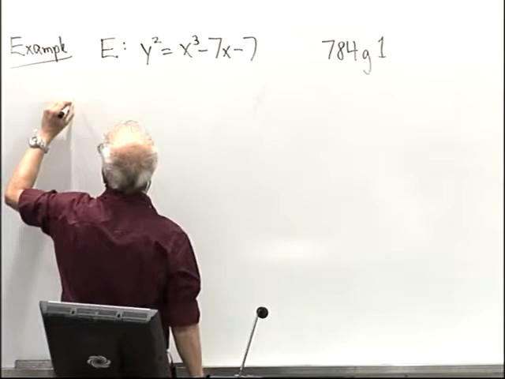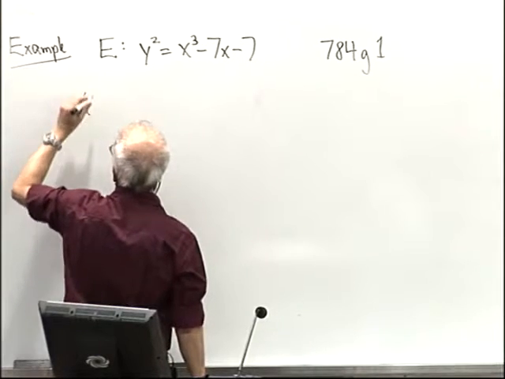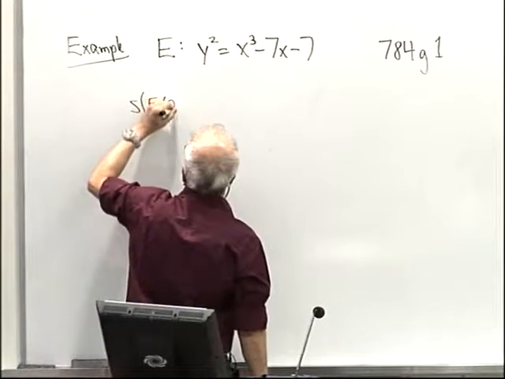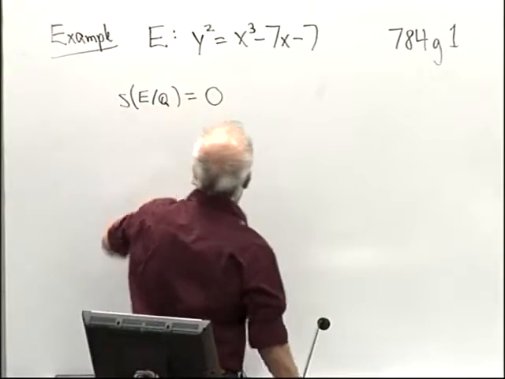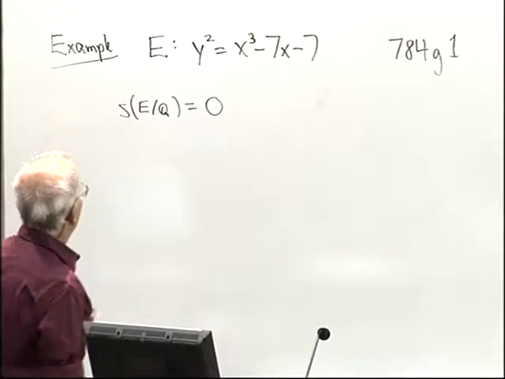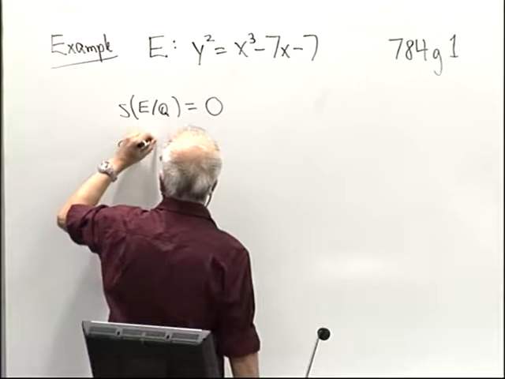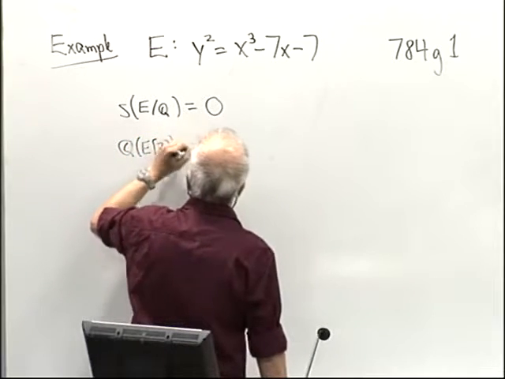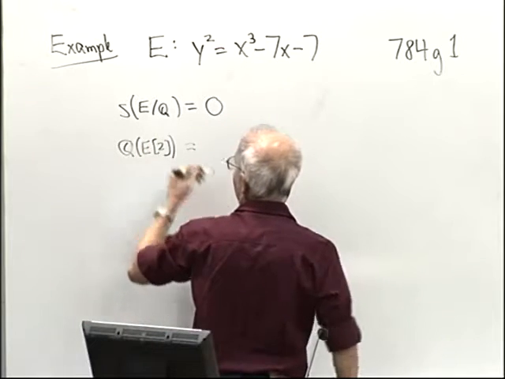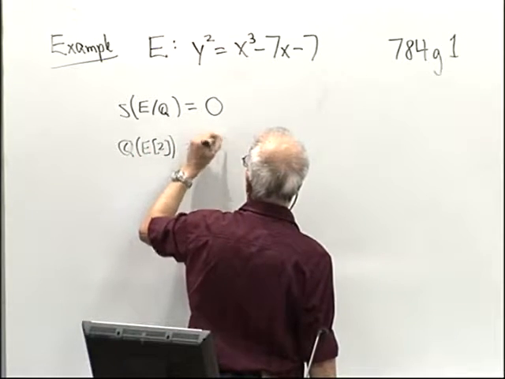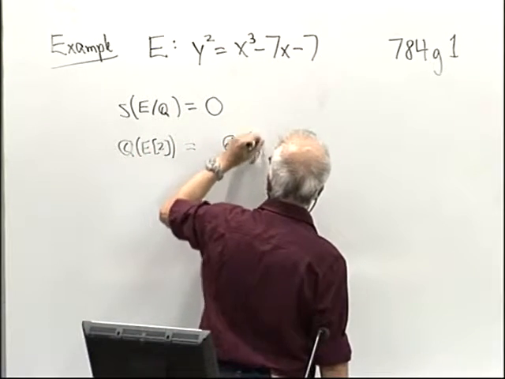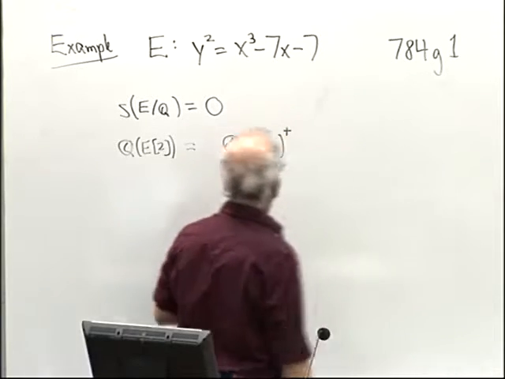What's interesting for us is that, first of all, the Selmer rank is 0. So there's no 2 torsion. The rank is 0. The field of 2 torsion, well, in fact, is ramified only at 7, and it's a cyclic cubic extension. So it's the real subfield of the field of 7th roots of unity.